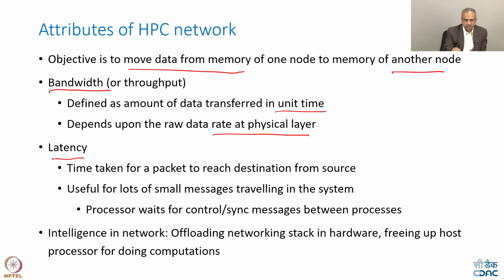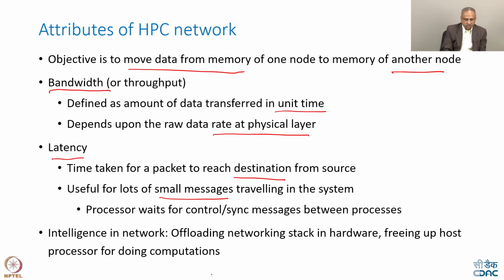Then comes the latency. This includes the overall time taken from the first byte of the packet till the last byte of the packet to reach the destination from the source. The latency comes into the picture when you have small messages to send. The bandwidth comes into the picture when you have a large amount of data to be sent.